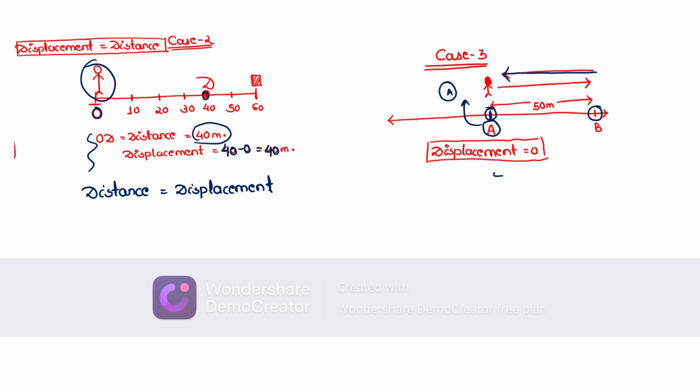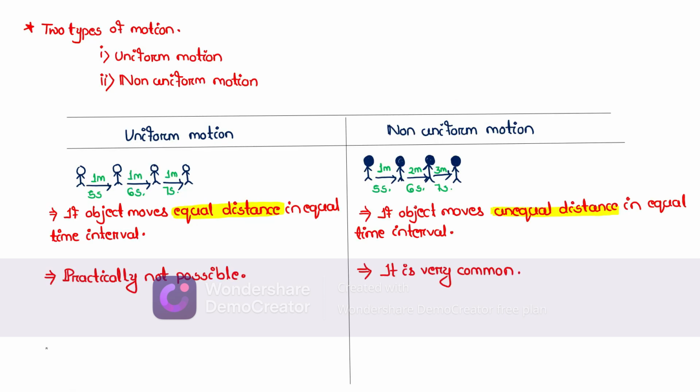The final point is 0, as A is the final point, minus the initial point, which is 0. So displacement is 0. In this way we found that displacement can be 0, but distance can never be 0, because to acquire some distance you have to move, no? So let's go to the next slide.